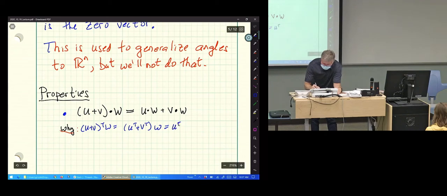So that's U transpose W plus V transpose W, and that's our definition of U dot W plus V dot W.